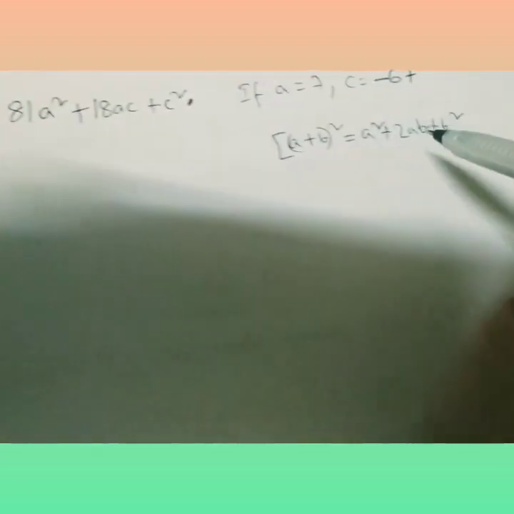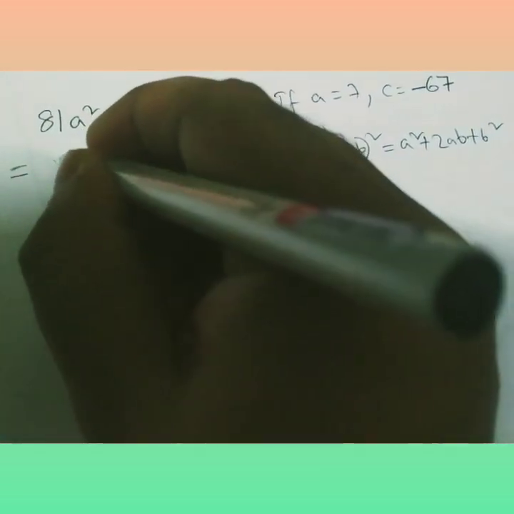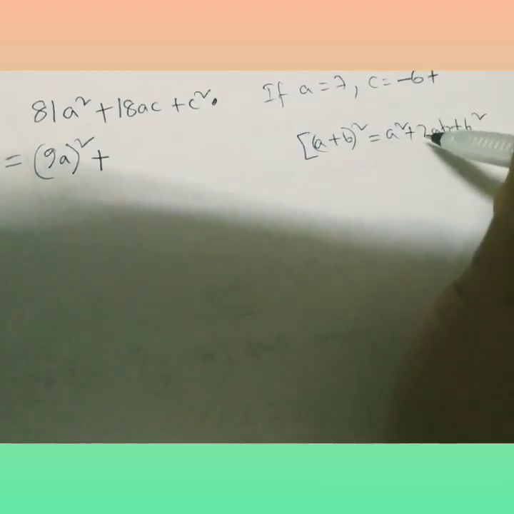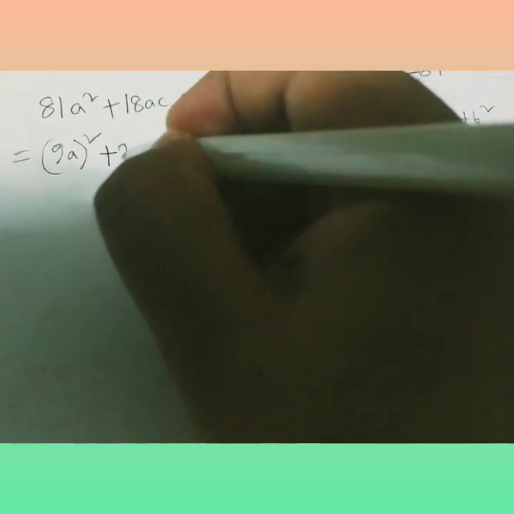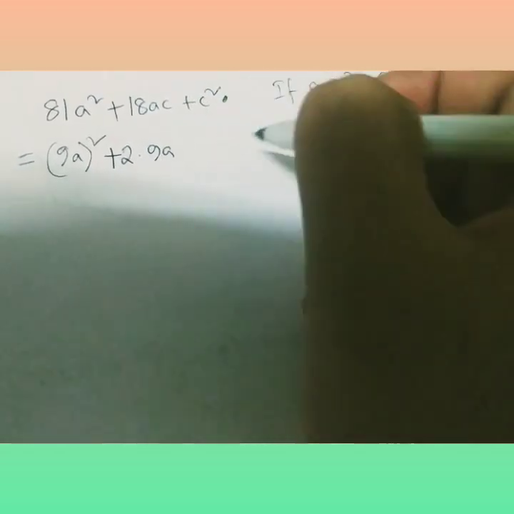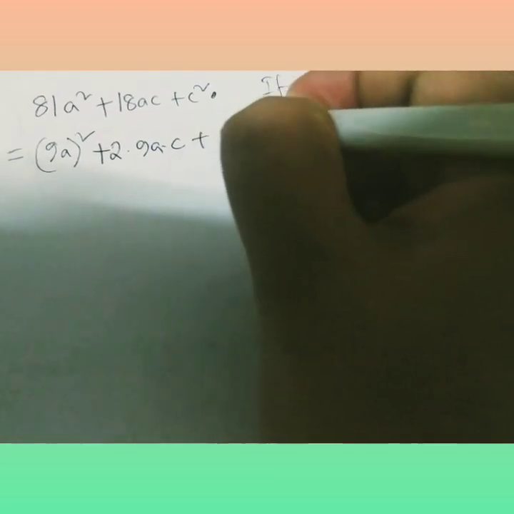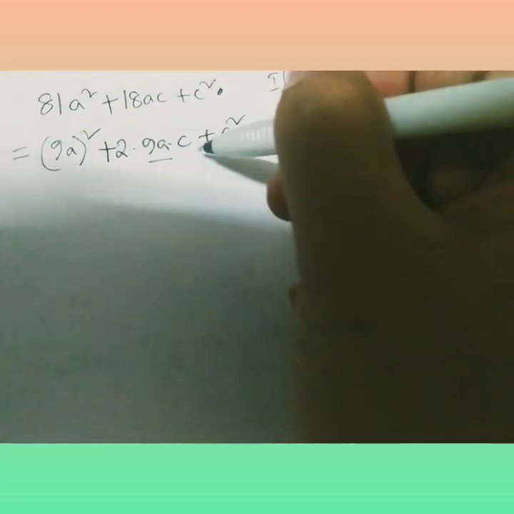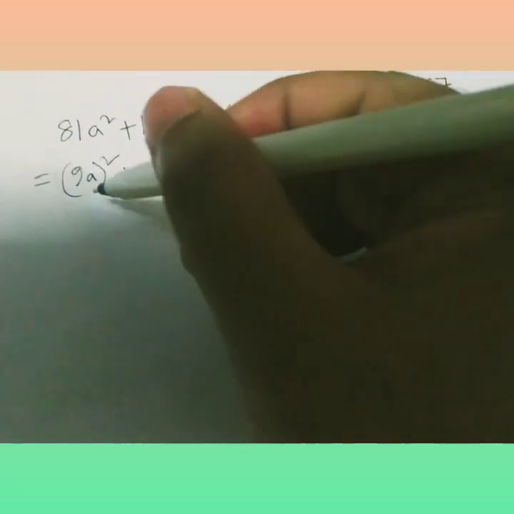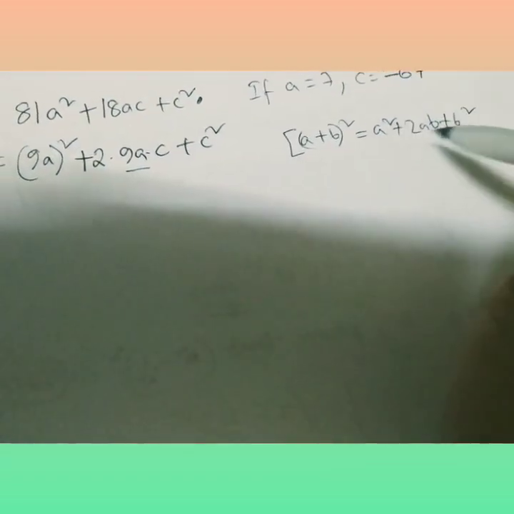Since in front of a square, here there was no number, but here there is a number. So 81 is the square of what number? 9. So we can write equals to 9a whole square plus, according to the formula, I need to bring 2 over here. So we can write 2 into 9a into c plus c square. So 9a is actually my a over here and c is actually my b over here. So now I have already converted this according to this formula.